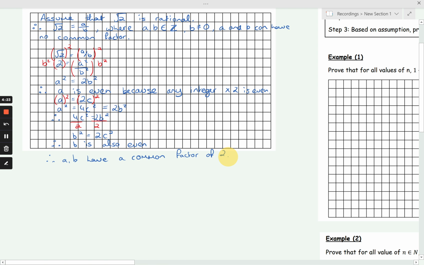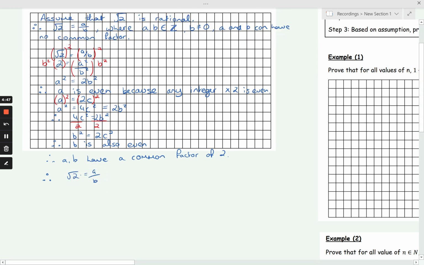And if a and b have a common factor of 2, it can be simplified, which means our original assumption that the square root of 2 is equal to a over b, where a and b have no common factors, is false. So therefore, the square root of 2 cannot be equal to a over b where there are no common factors.